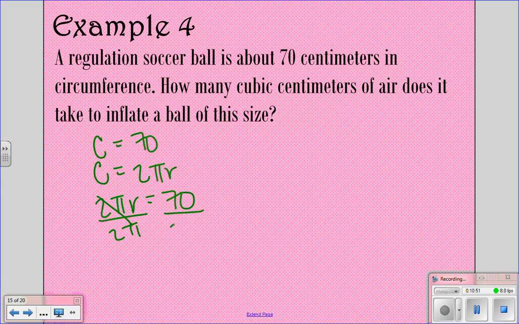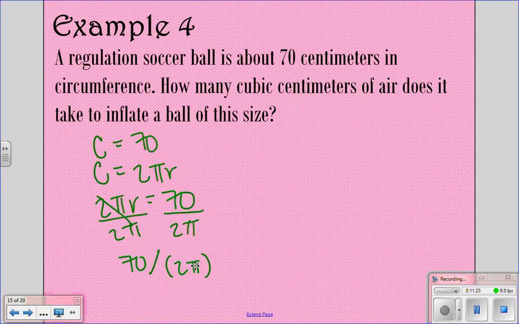Now, you've got to be careful when you plug this into the calculator. You're going to say 70 divided by, open parentheses, 2 pi. If you don't put these parentheses, you're going to get 70 divided by 2, which is 35, and then it's going to multiply it by pi, and you're going to get 35 pi, which is not at all going to be a correct number, because that would give you over 100, and that doesn't even make sense for a radius if your circumference is only 70.